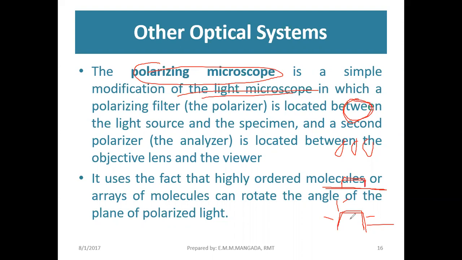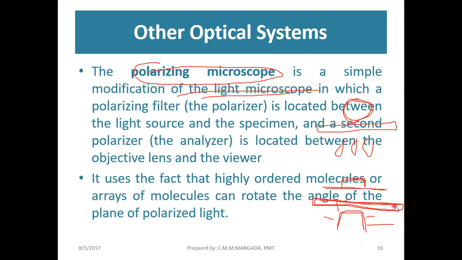So guys, between the light source and the specimen, may filter siya dito, and another filter here between the ocular and the objective lens. Okay, so we have here the polarizing filter.